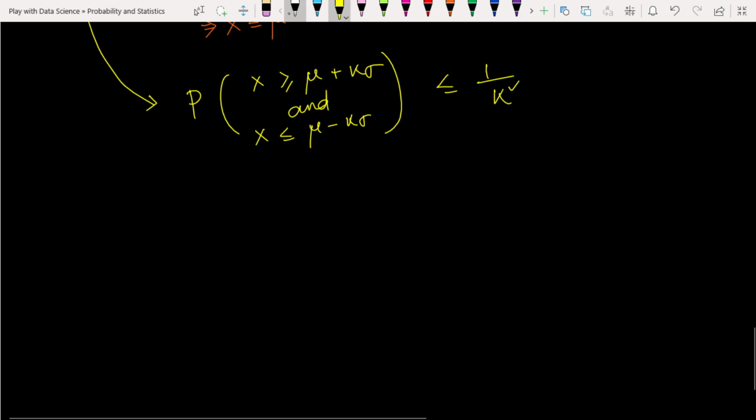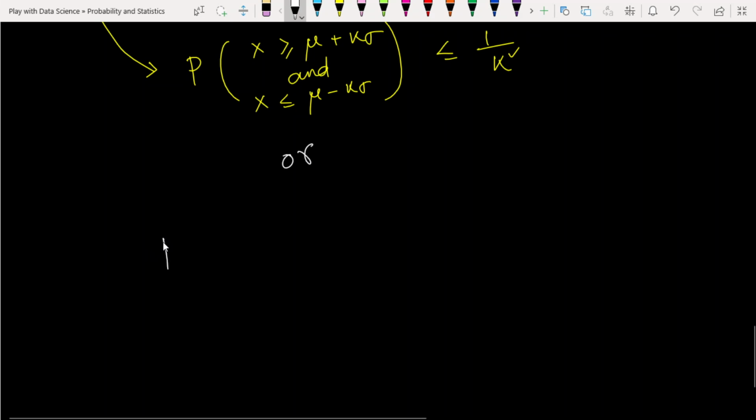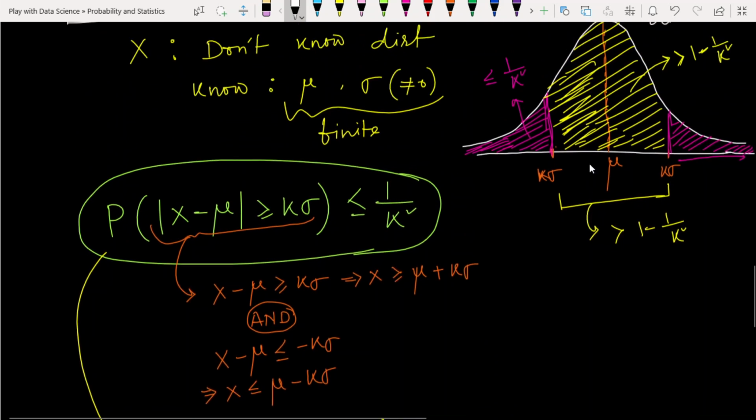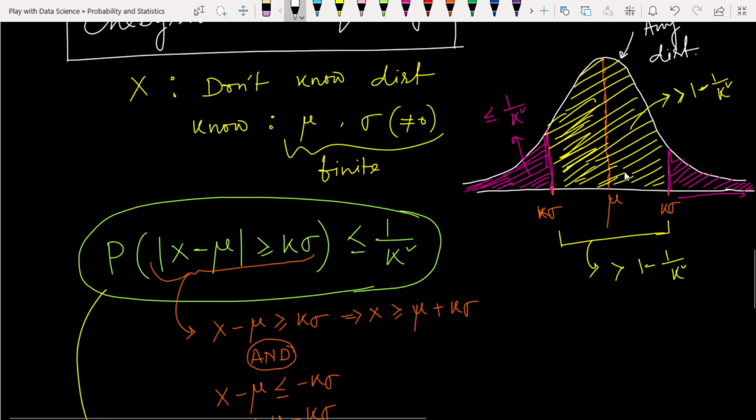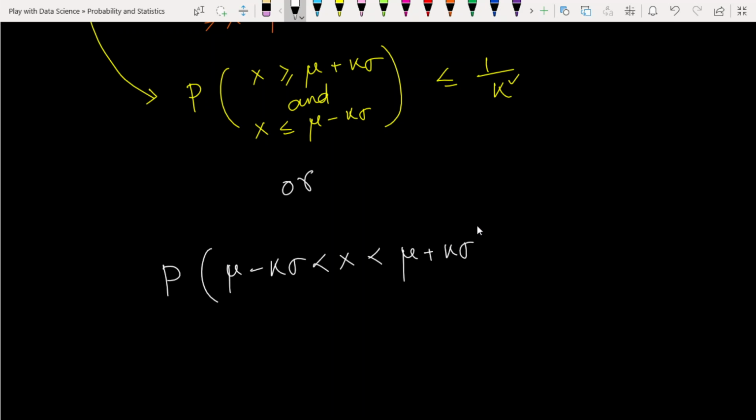In another form, the formula can be written as the probability of, I am just writing the yellow area, the yellow portion of this curve: mu minus k sigma less than x less than mu plus k sigma is greater than or equal to 1 minus 1 over k square.